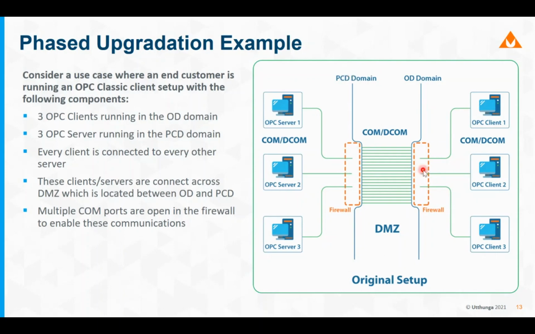When you have an OPC client running across a DMZ zone, okay, IT guys are not happy. They are super scared about this because COM/DCOM never tells you what port it is going to use. Rather than that, it gives you a dynamic port range. And the scary part is that the port range also changes with the OS releases.